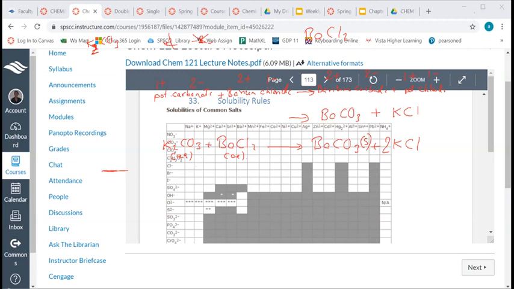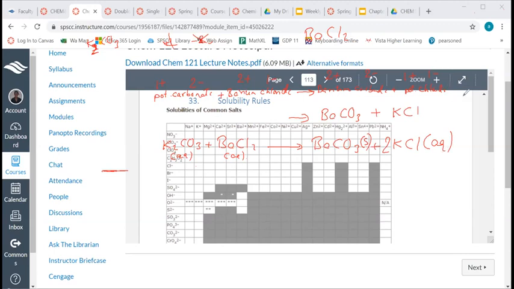Cynthia, which one did you say is insoluble? Barium carbonate is insoluble. Okay, and this is soluble. So this has to be in aqueous form then.